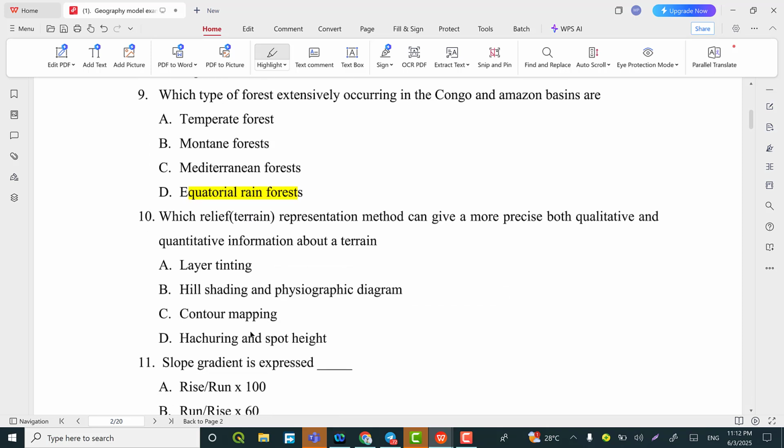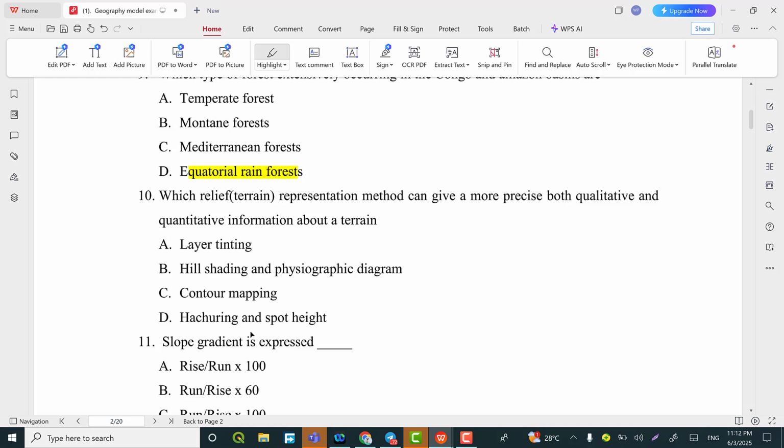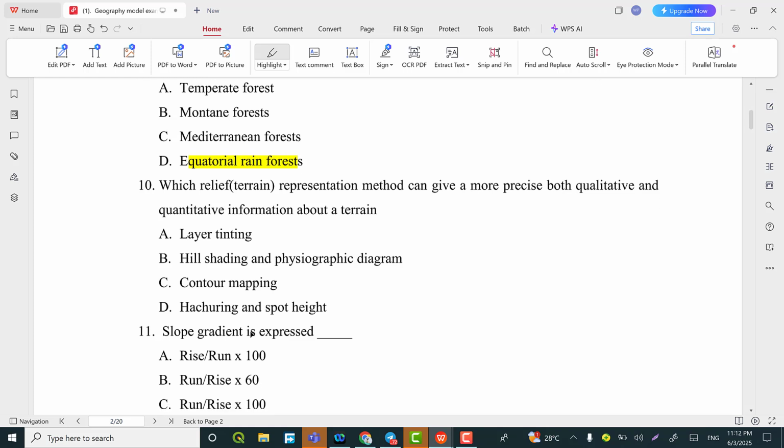Question number 10. Which relief or terrain representation method can give more precise both quantitative and qualitative information about the terrain? There are different types of methods representing any topographic structure in a certain area, but the question is mainly focused on the quantitative and qualitative information.